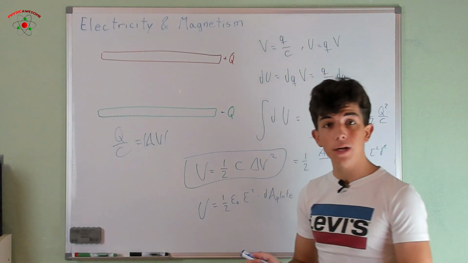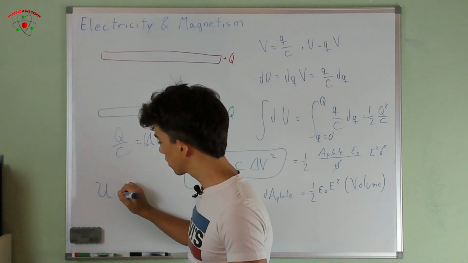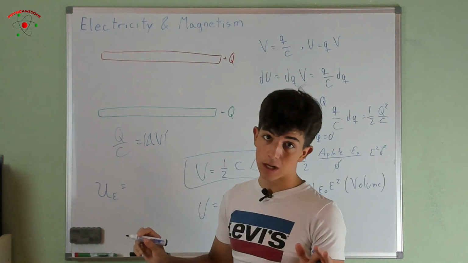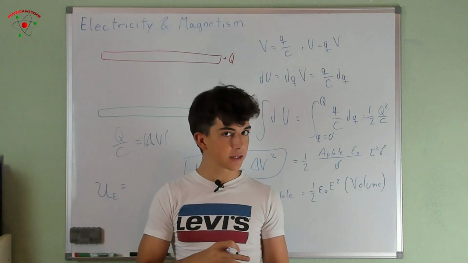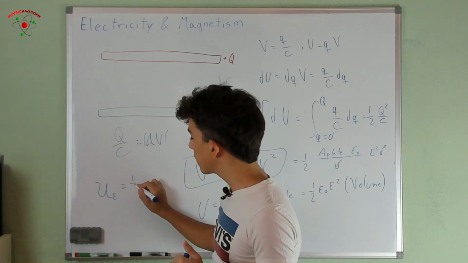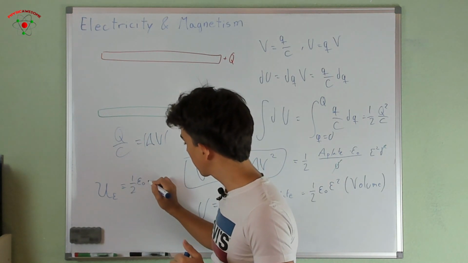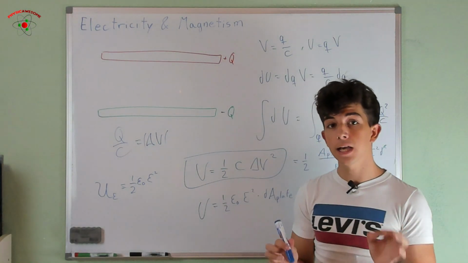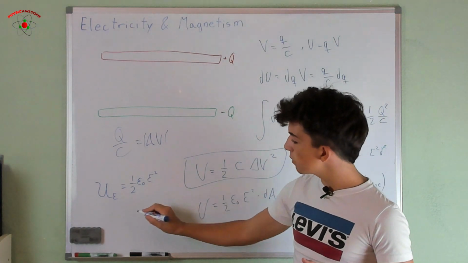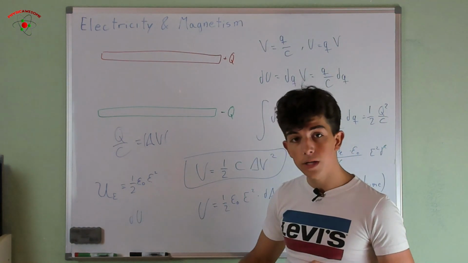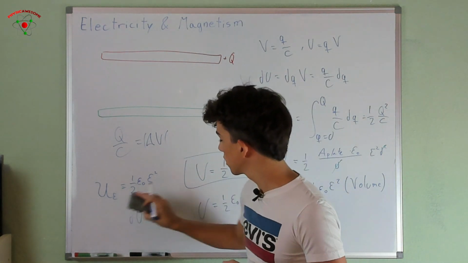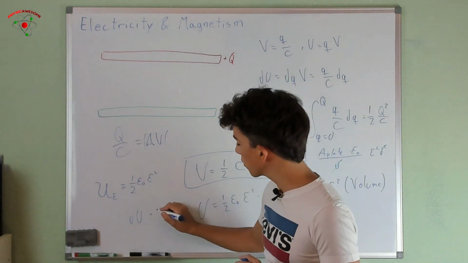Therefore, we're going to define a quantity that is the electrical energy density, because we will also get a magnetic energy density, and it's going to be defined in this way. And it can be proven that in general, the small amount of energy at some place is going to be this energy density times the volume.